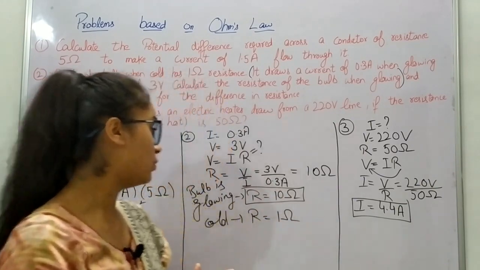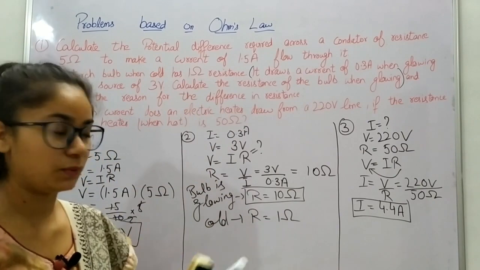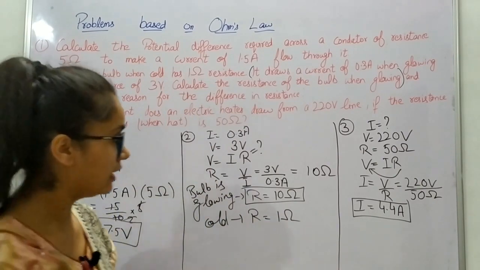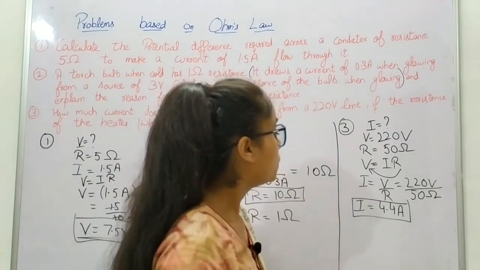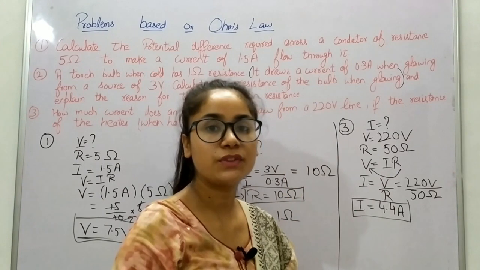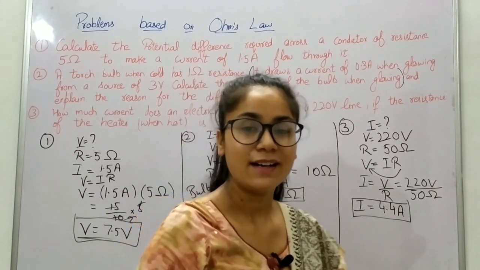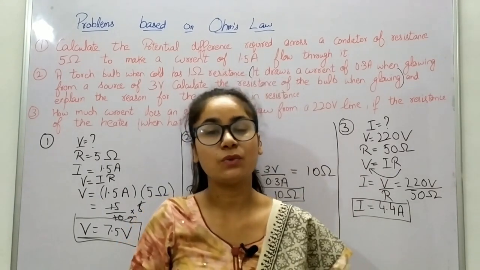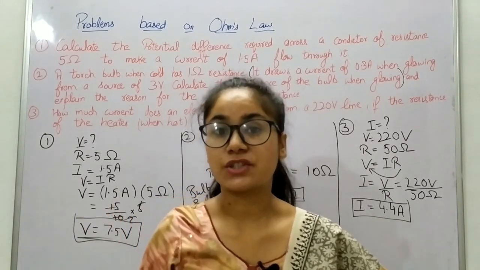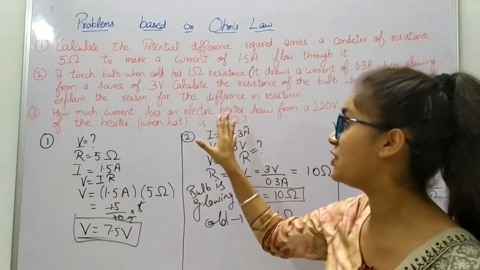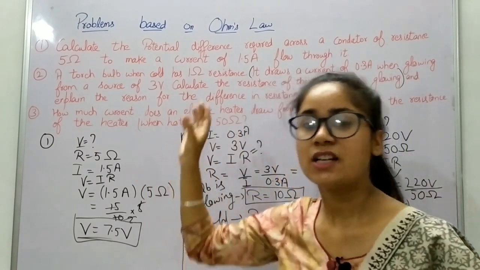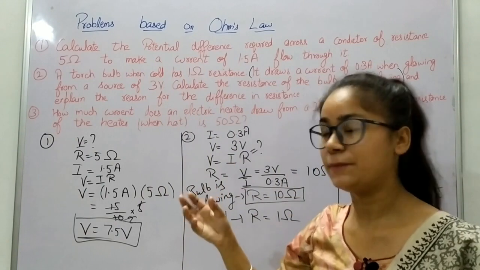We used Ohm's law to find it. And in the third one, we were required to find the current. How did we find it? We used Ohm's law. So this is how we can use Ohm's law in various problems like this, in which we are required to find potential difference, current or resistance.